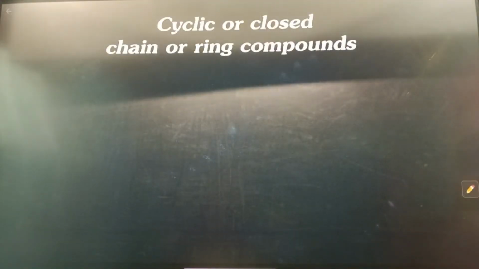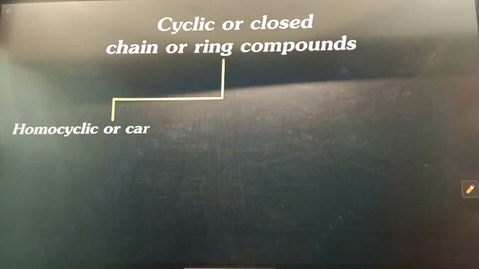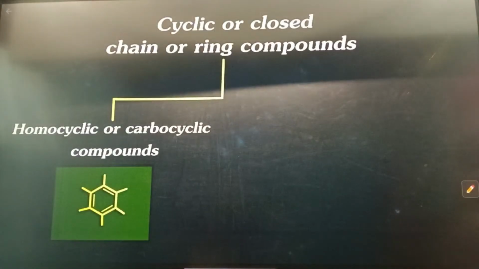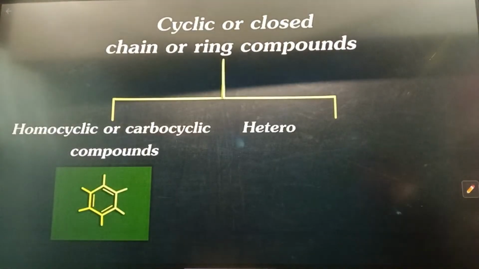Further, cyclic or closed-chain or ring compounds are divided into two parts as shown: 1. Homocyclic or carbocyclic compounds, and 2. Heterocyclic compounds.